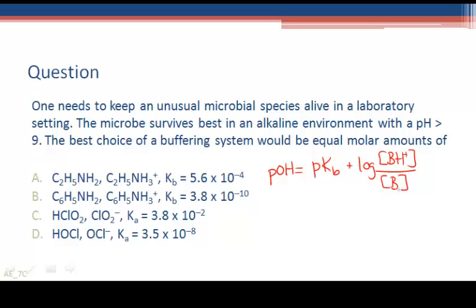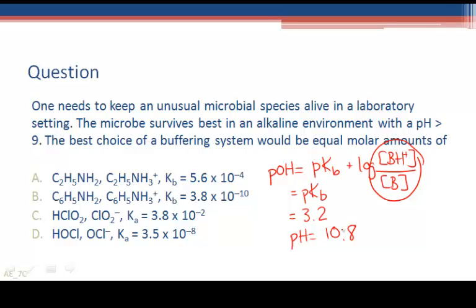We know that in all of these cases, our ratio is 1, and hence that whole log value is going to go to 0. So in this case, our pOH is just equal to our pKb, and if we solve that, we find that that is 3.2, and remember, that's the pOH. We want the pH, and so our pH would equal 10.8.